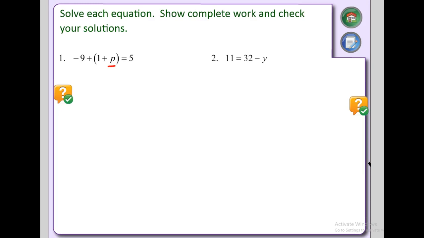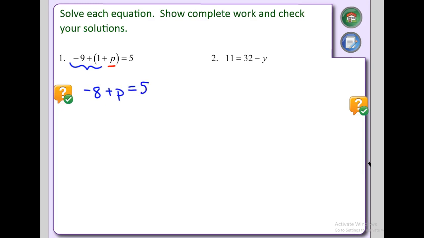But there is something on the left-hand side of the equal sign that I can do. Do you see it? Yes, I can add -9 plus 1. -9 plus 1 is -8, and then we've got -8 plus P equals 5.